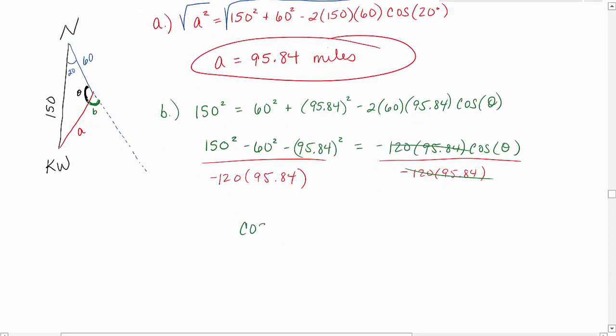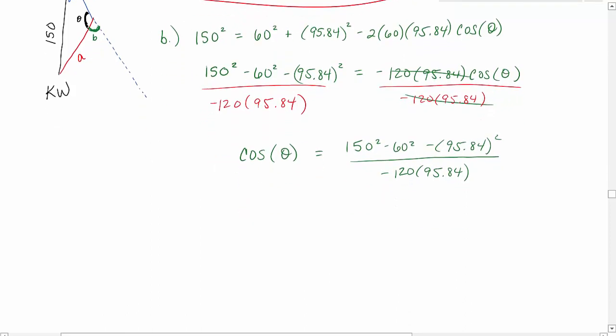That gives us that cosine of theta is this fraction. And then to find theta, we just need to do inverse cosine of that fraction.